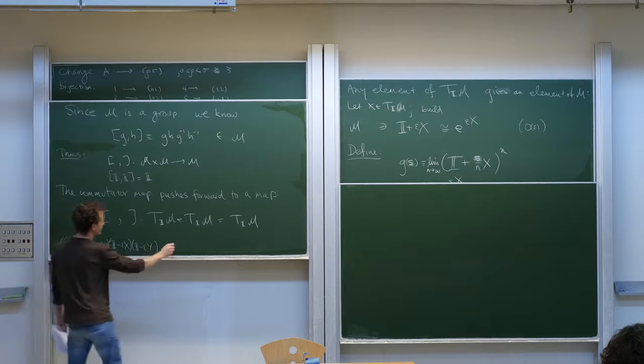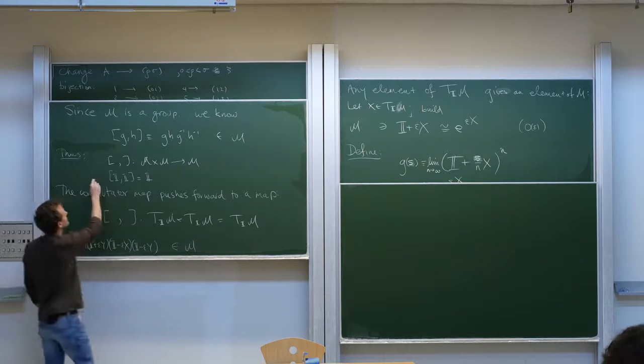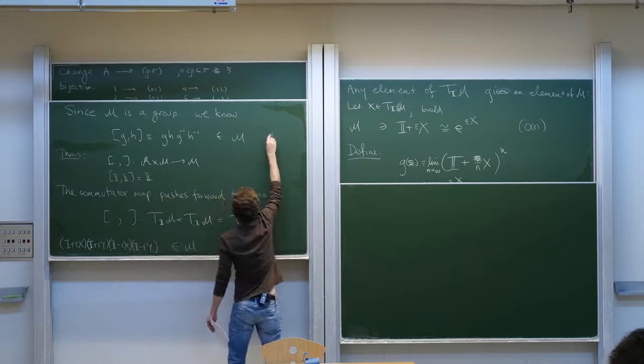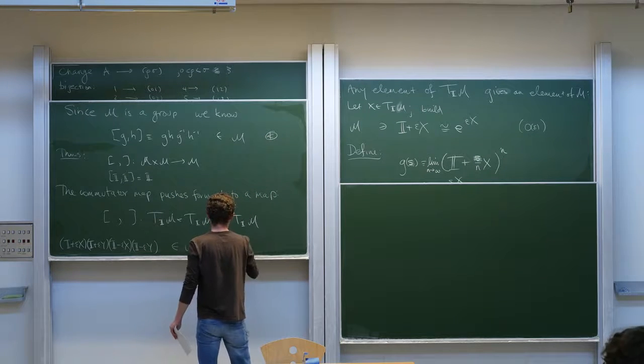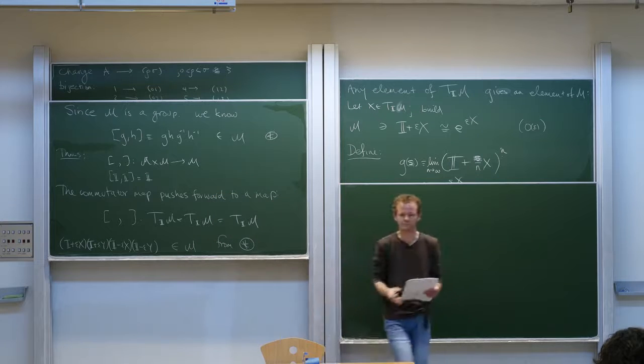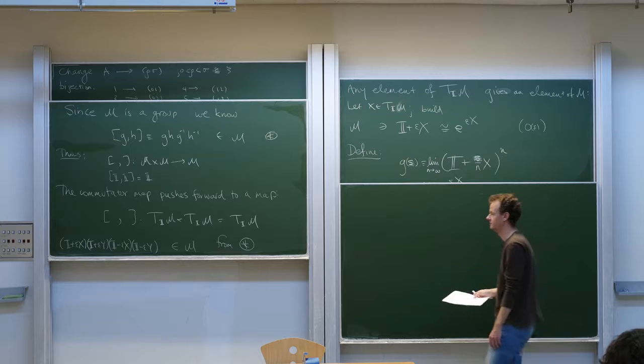So we know that that's an element of our group manifold from star. So this is star here. So we're going to expand everything out and see what we get.